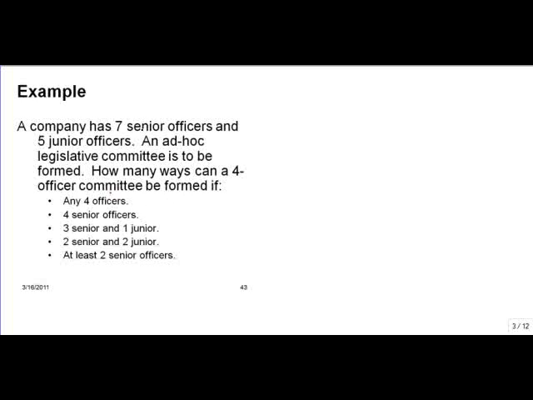So again, we have to note that we have 7 seniors and 5 junior officers for a grand total of 12 officers altogether, and we want a 4-officer committee. Now again, we are not told that any specific slots are being filled, so we know that the order is not going to matter.